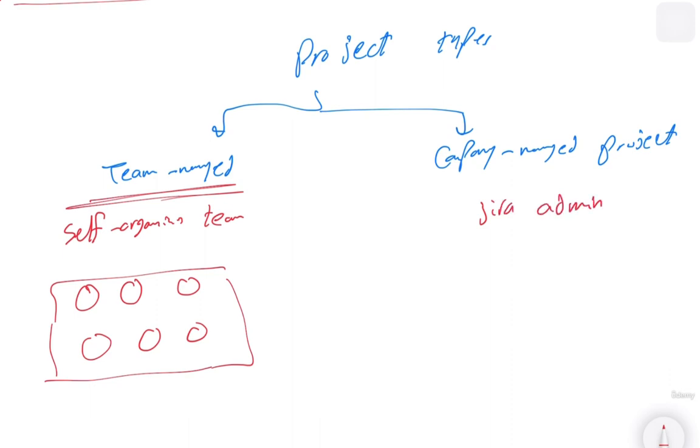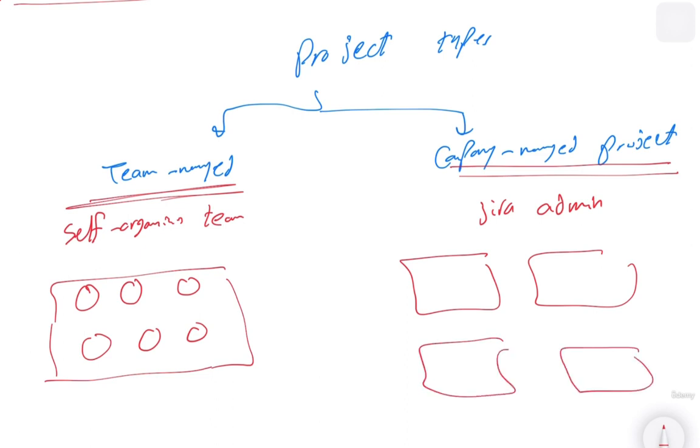Okay, this person can be the product owner, the scrum master, or any other person inside the company. Company managed projects are used if we have a big project. Okay, we have many small teams, and those teams interact with each other, and the work of each team is dependent on the other team.